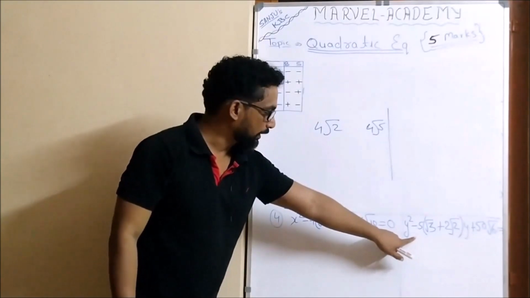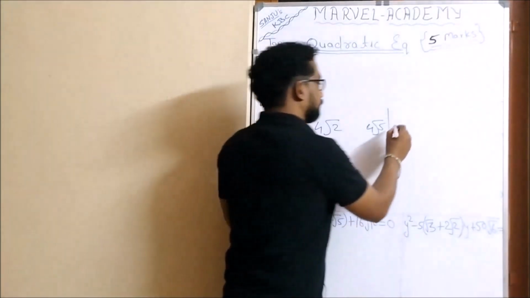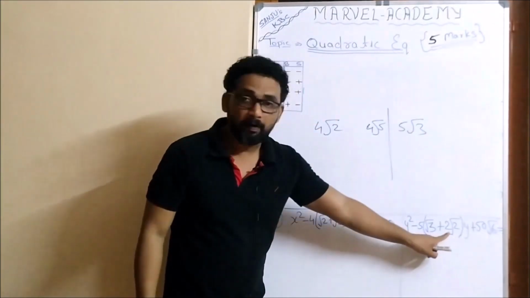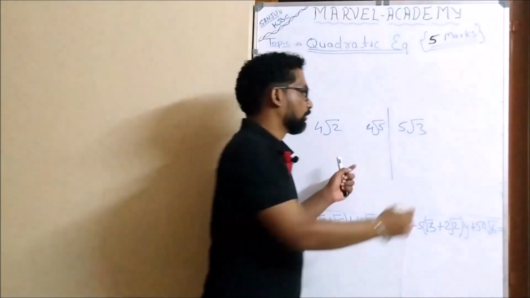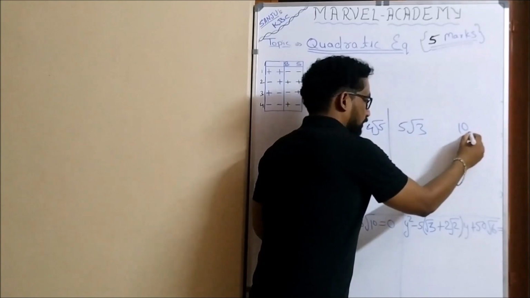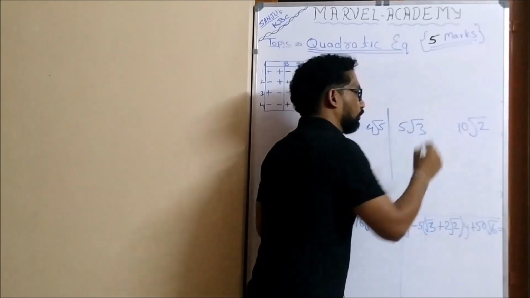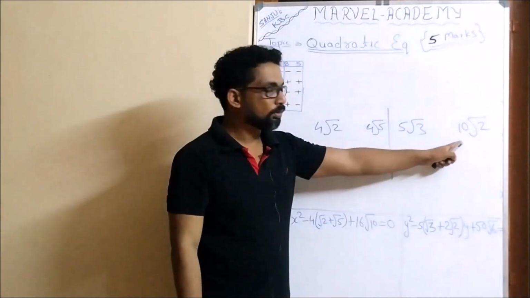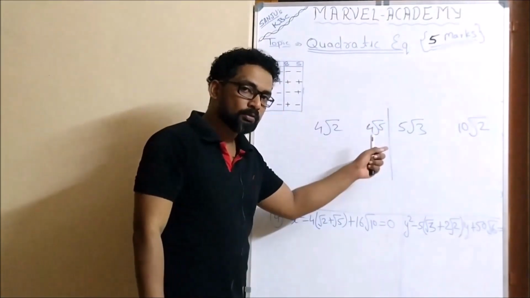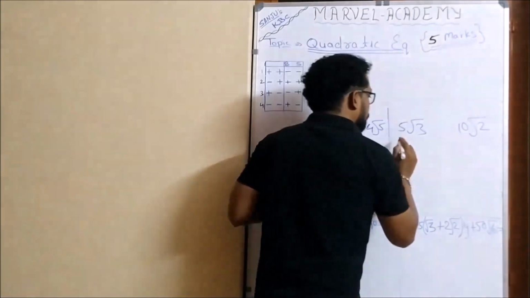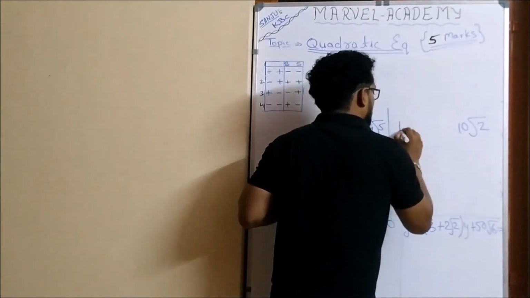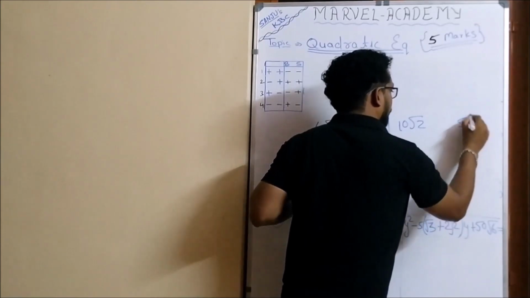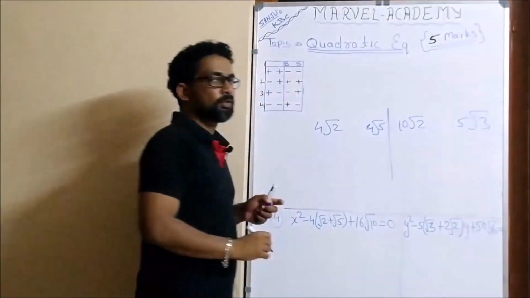Here we will get 5 root 3 and 5 into 2 is 10. That means 10 root 2. Okay. But remember one thing, we have to put the bigger value always on the left side. So 10 root 2 and 5 root 3.